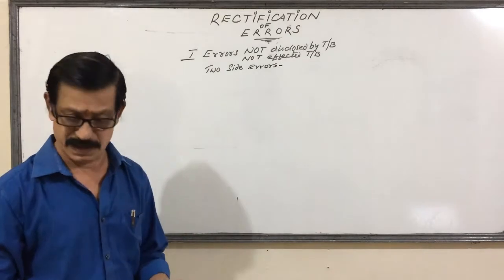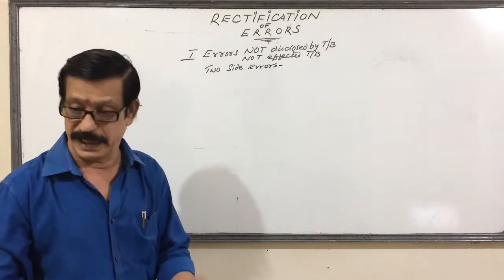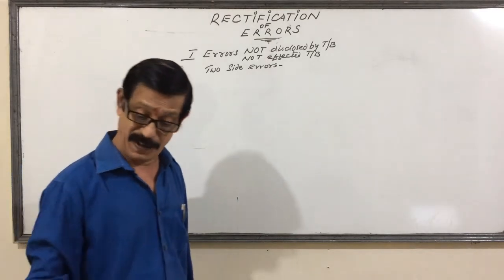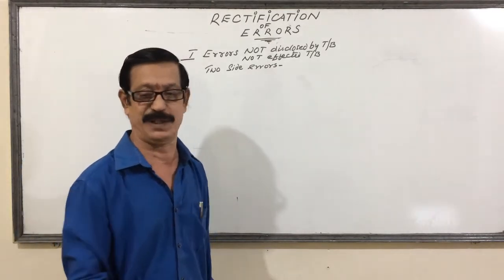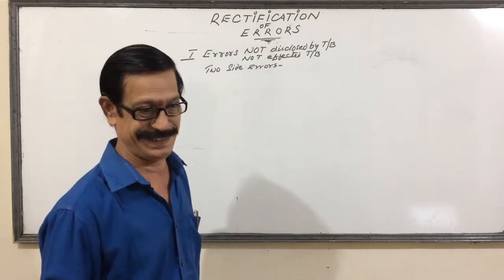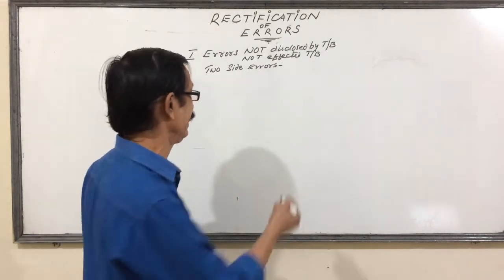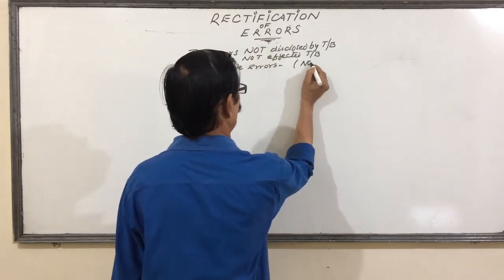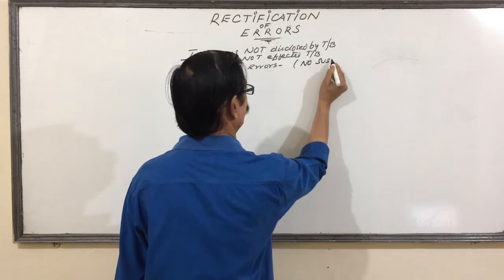Two-side errors means when we are going to rectify the error, we have to pass a rectifying entry. For that rectifying entry, debit is available, credit is available. No suspense. Suspense account is not required. That's why for these errors, no suspense account is needed.